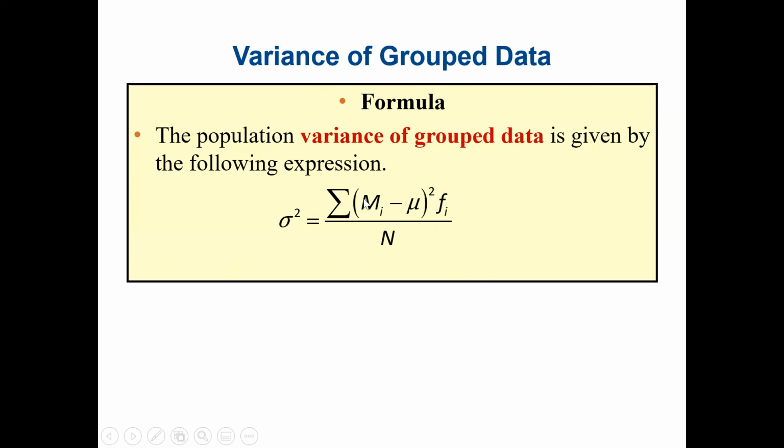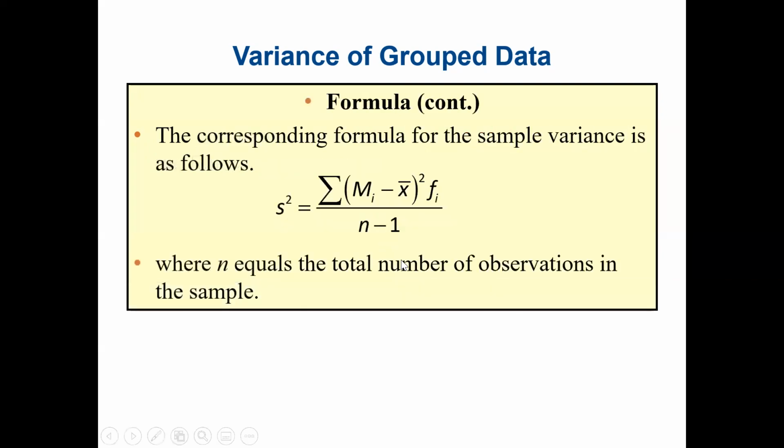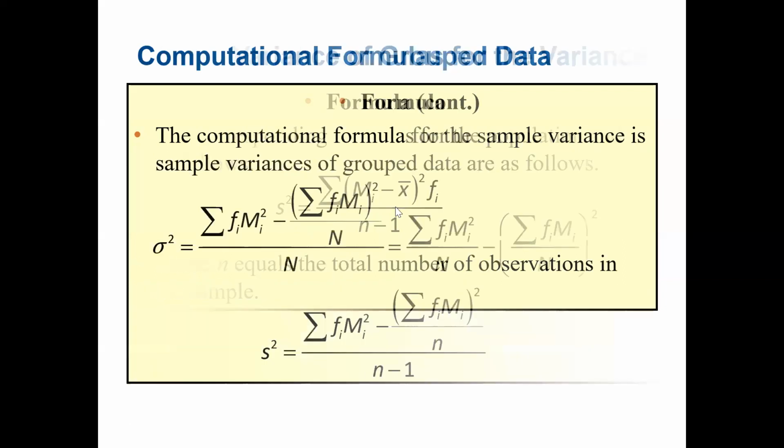So it will be the midpoint value m1 minus mu all squared times how many of them are in that group or class, divided by N. Again, we are going to see an example soon. So that's the corresponding formula.